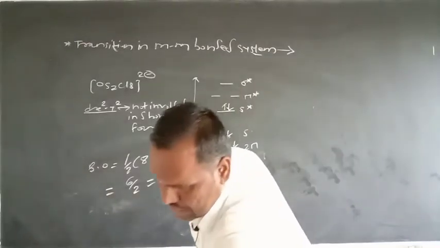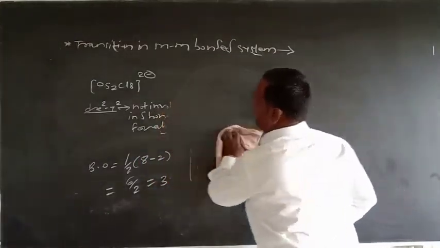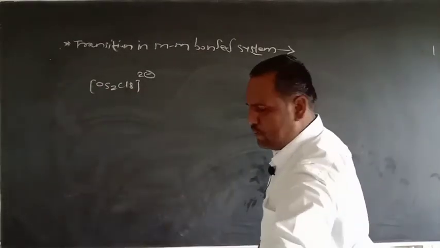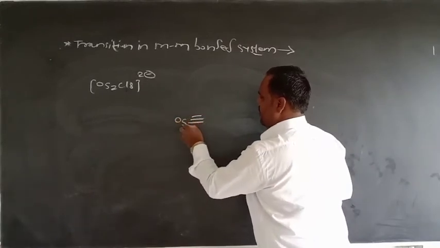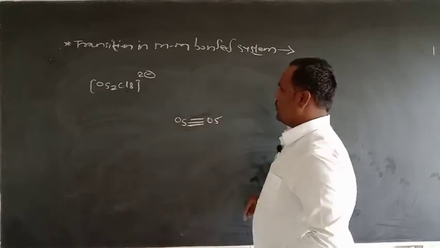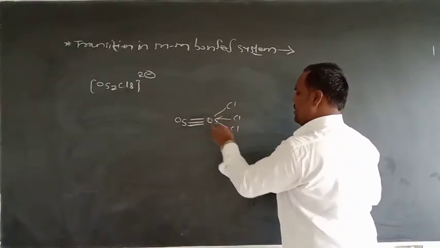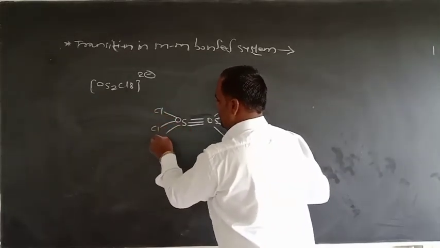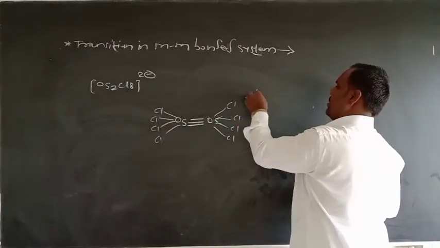So if you draw the structure of this osmium complex, there is a triple bond between these two osmium atoms, with Cl, Cl, Cl, Cl on one and Cl, Cl, Cl, Cl on the other, and having a charge of -2.